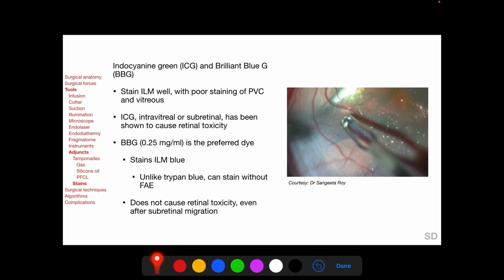Indocyanine green and brilliant blue G dyes stain internal limiting membrane well with poor staining of the vitreous.